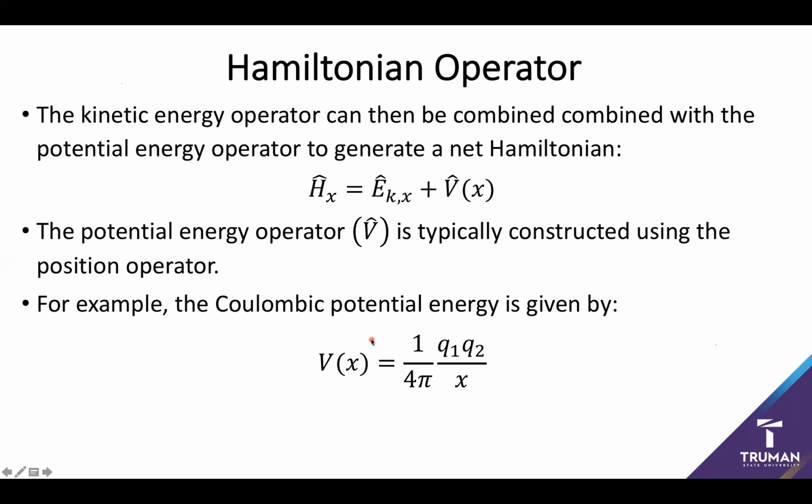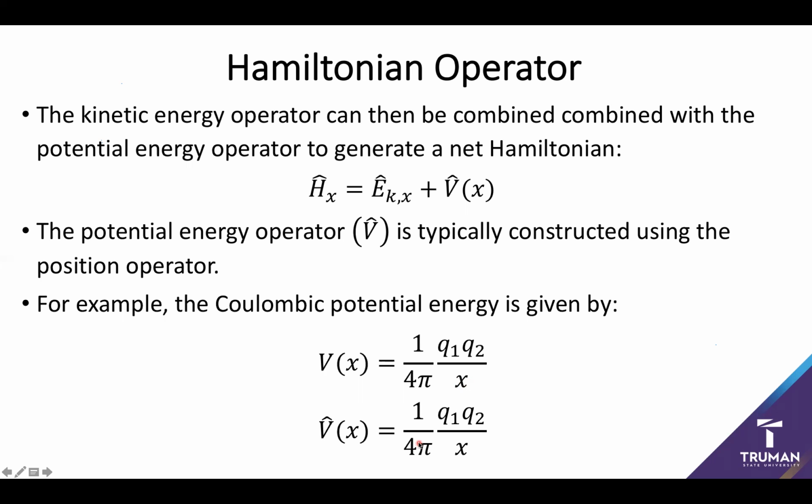So classically, we describe the potential energy due to Coulombic interactions based on 1 over 4 pi times the charge of each of our particles, so particle 1 with particle 2, and then the distance between them. Well, congratulations, you can do this same process in operator notation.